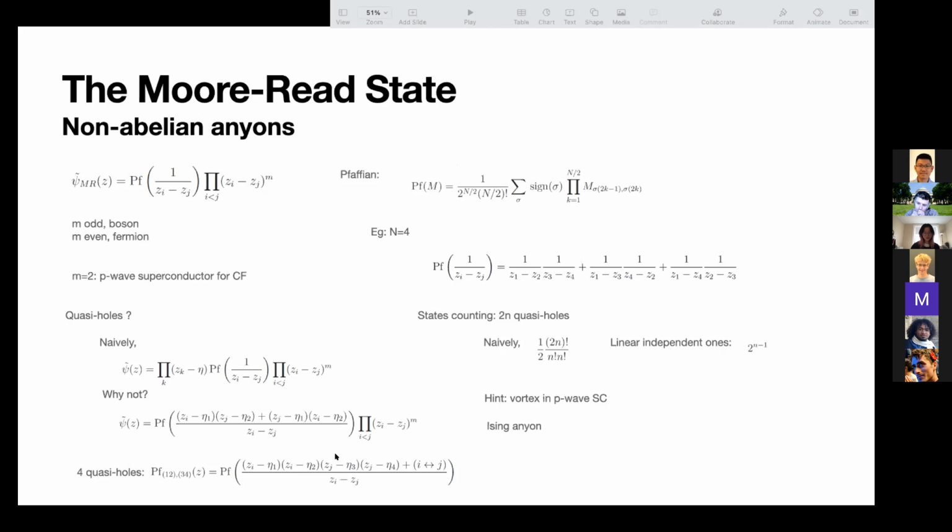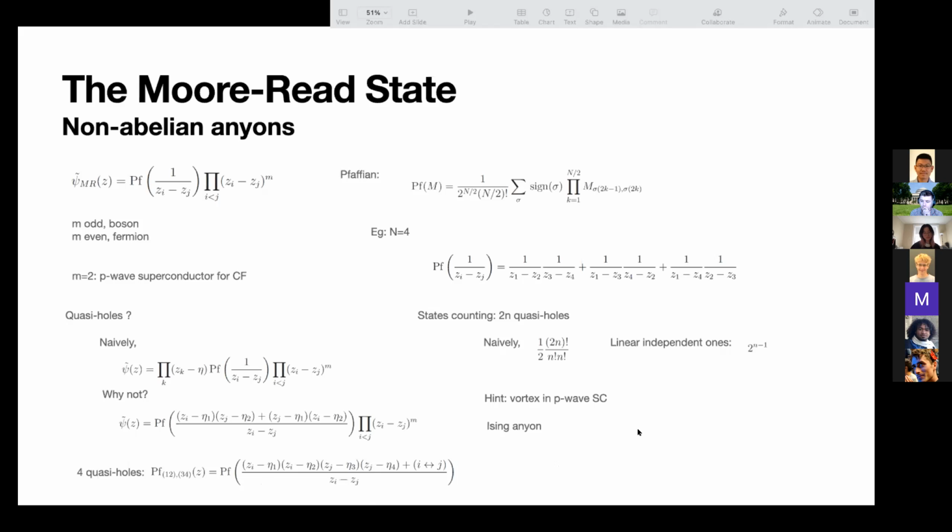If we want to compute, say, just the space of the Hilbert space of the quasi-holes, it will take a lot of effort to try to analyze those coefficients.